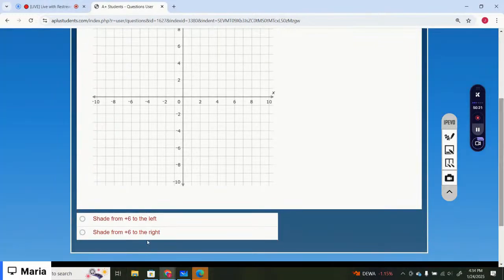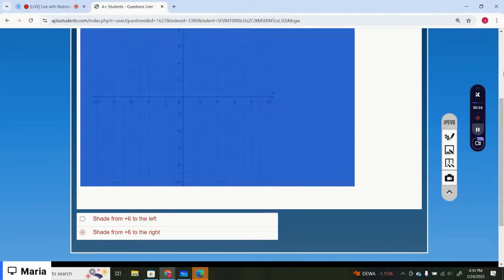So on the right-hand side of the 6, shade from 6 to the right. Option number 2 is the correct option.